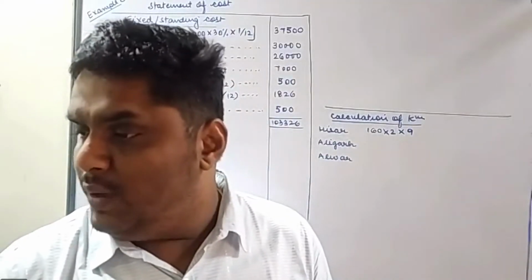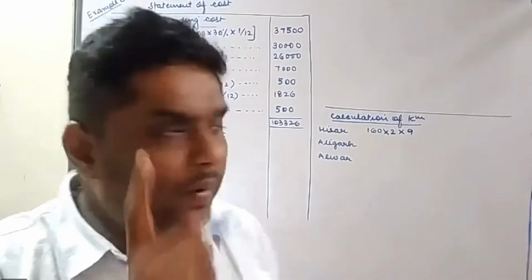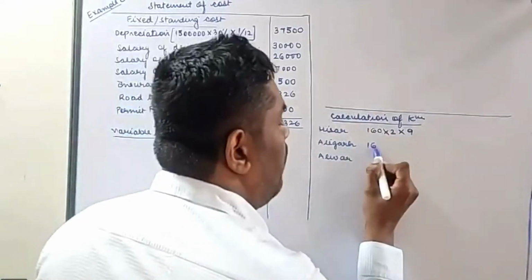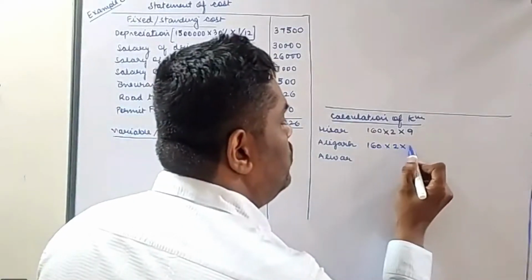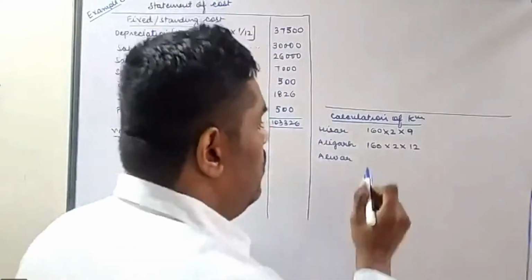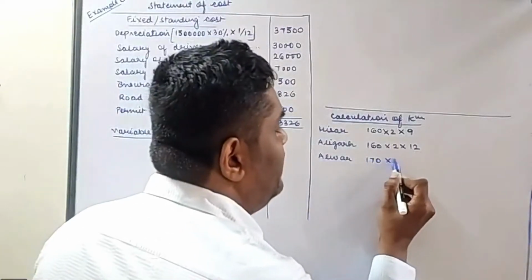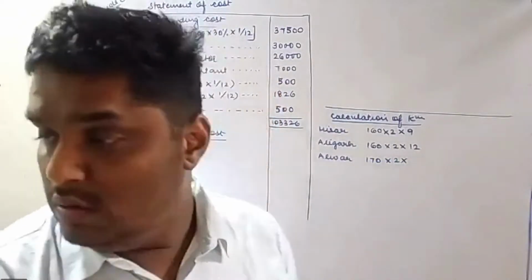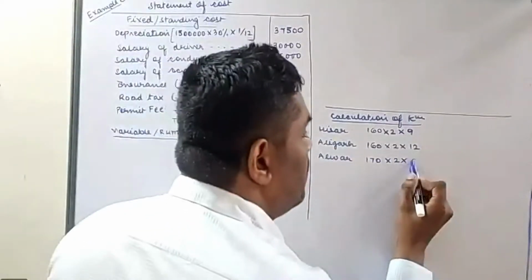Next, it is 160 kilometers for 12 days, one way. So 160 into 2 into 12 days. And for Alwar, it is 170. So 170 into 2 into 6 days.